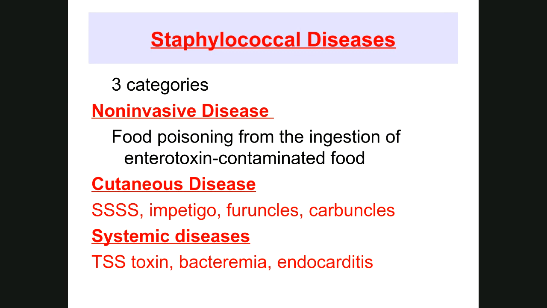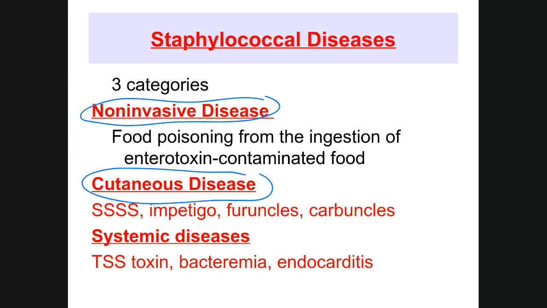Now, as far as diseases that Staphylococcus causes, keep in mind that the most common infections caused by Staph aureus are going to be non-invasive diseases and cutaneous diseases. So by far, those are going to be the most common forms of conditions that we get from Staph aureus. As a matter of fact, about 70% of staphylococcal infections are going to be skin infections.